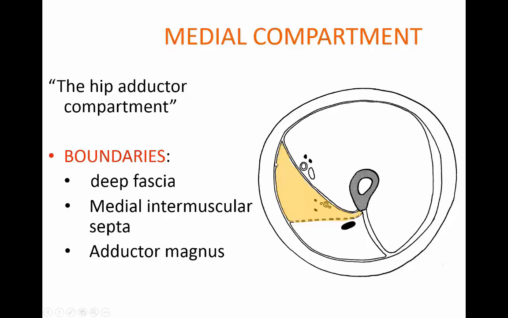Boundaries, of course. Muscle is encased with deep fascia. We have the medial intermuscular septa being its anterior boundary, and adductor magnus going between those two compartments actually, forming the posterior boundary.